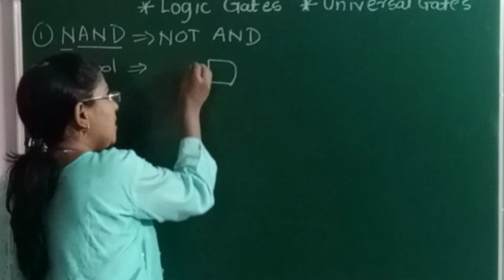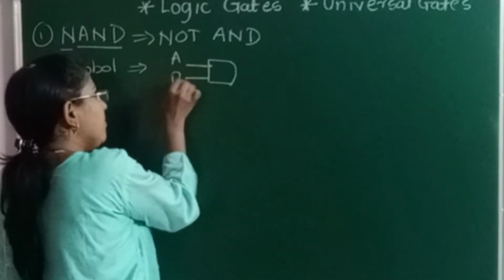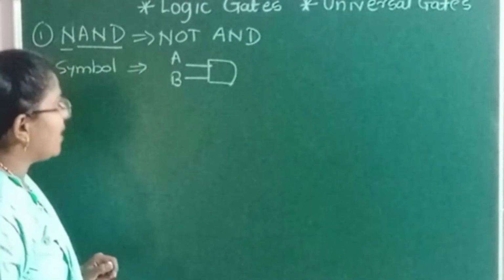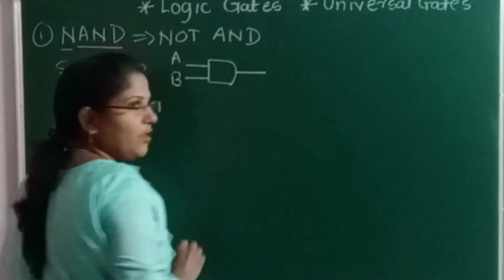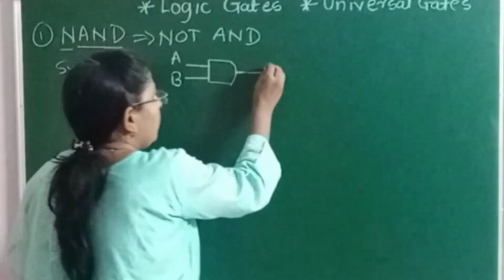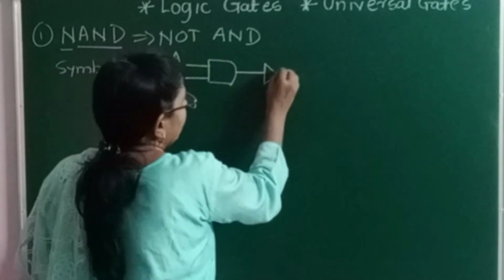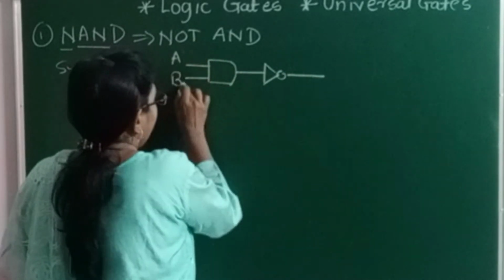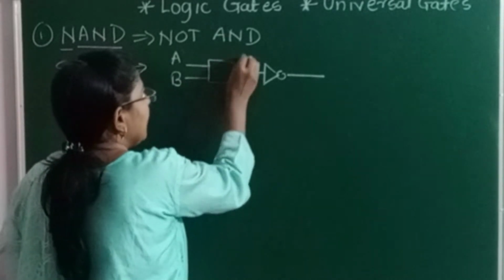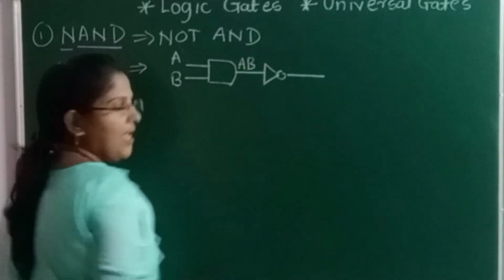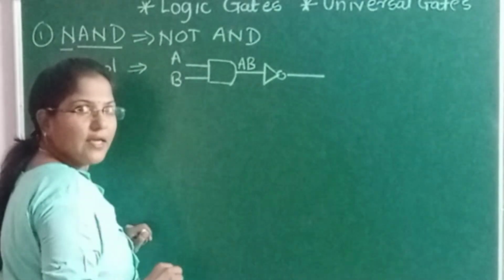I am going to consider a two input gate. So two input lines, first input A, second input B. Now see, it will give you only one output. Now this output is nothing but the input of the NOT gate. So the output of this AND gate will be AB, which is acting as an input of this NOT gate.